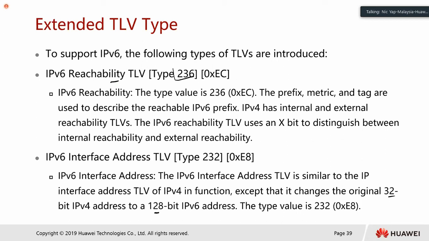But still the same case: V6 is to V6, V4 to V4. You cannot say that I'm going to enable router A and router B, where one side I enable IS-IS IPv4 and this side is using IS-IS IPv6. So it's not possible.